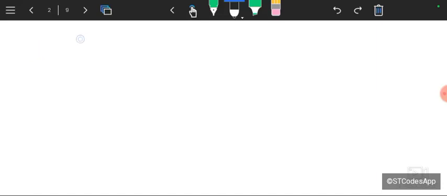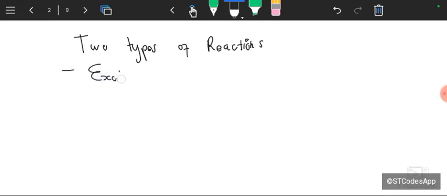So I want us to learn about two types of reactions. Now we have the first one, not the reactions that you're thinking about.